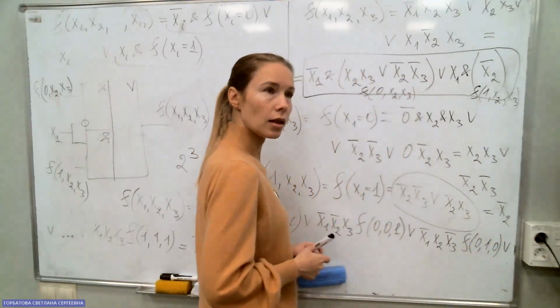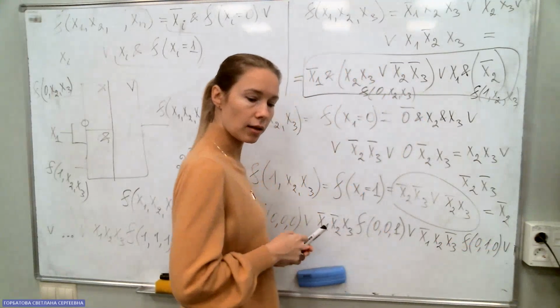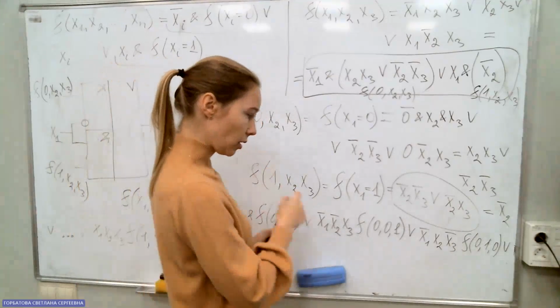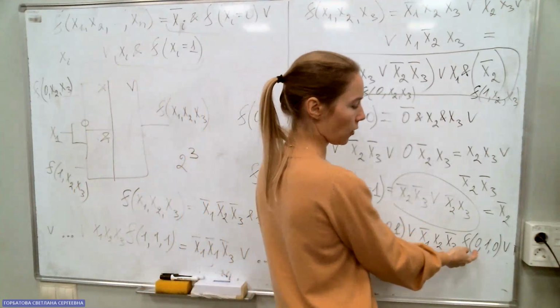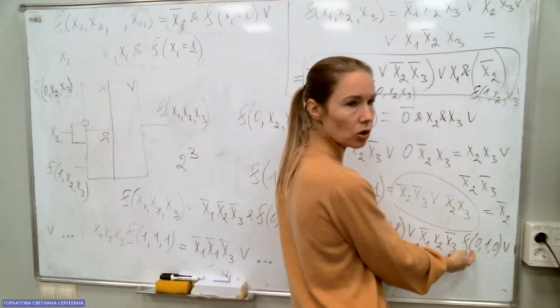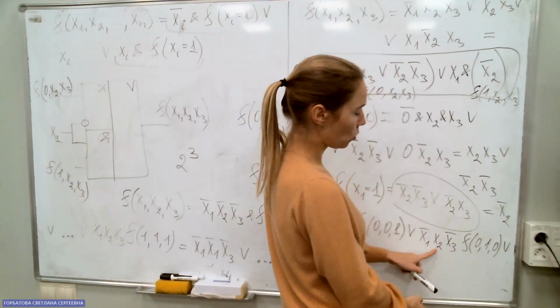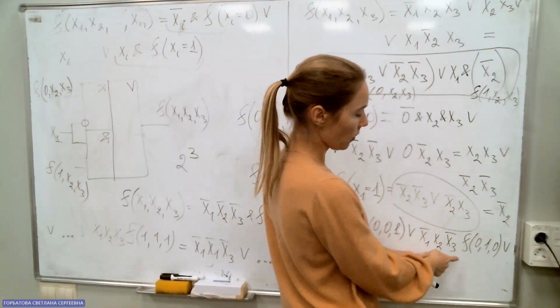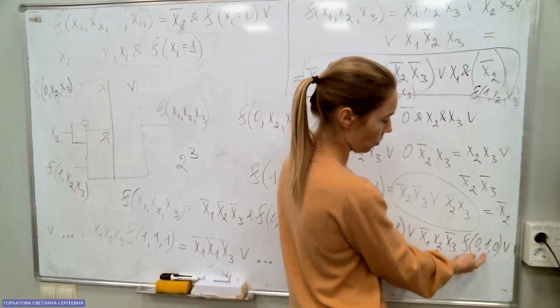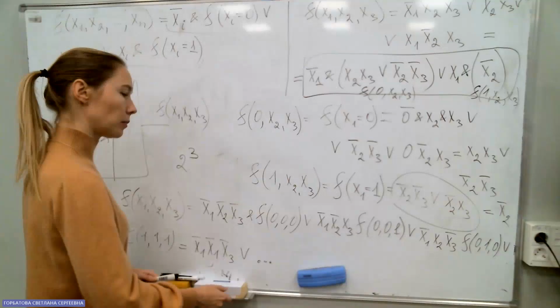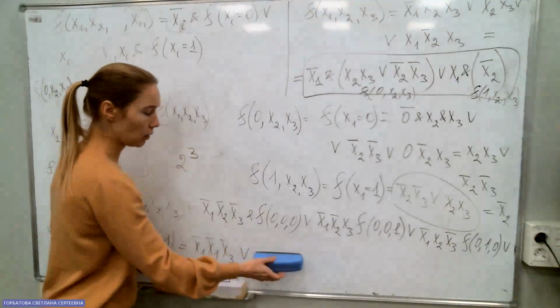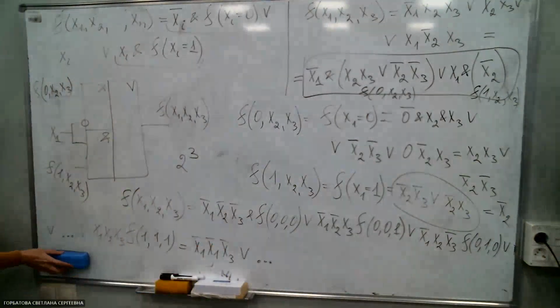The same idea: if x1 has negation, then instead of x1 we put 0. If x2 is without negation, then instead of x2 we put 1. And it's general for decomposition.